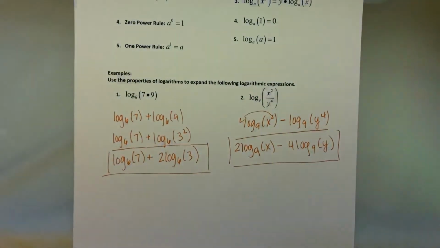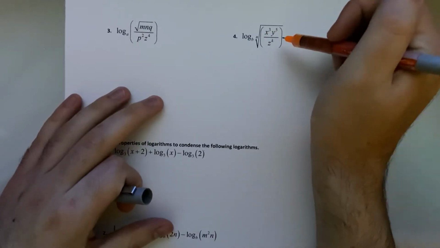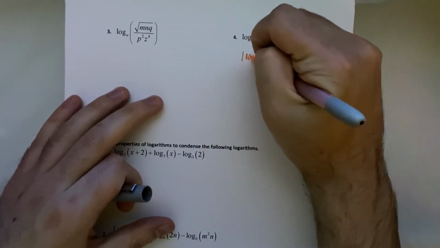Now, these can get relatively complicated overall. We'll do one on the next page. Log base b of the nth root of x cubed y to the 5th over z to the k. Okay, so one thing to note.